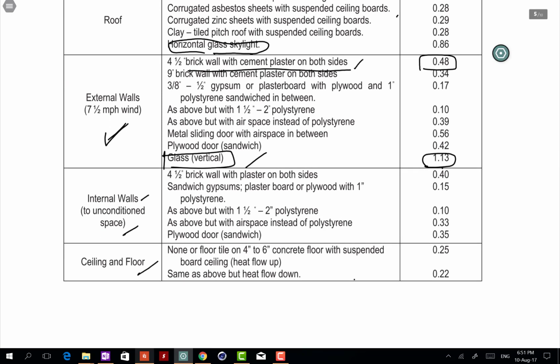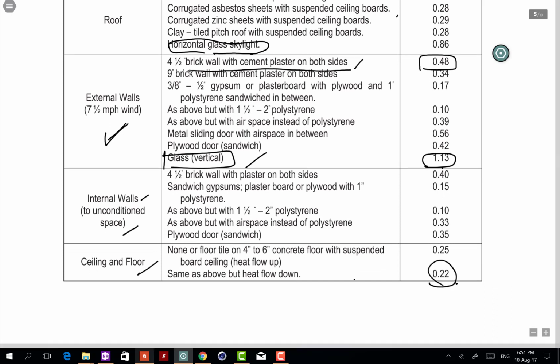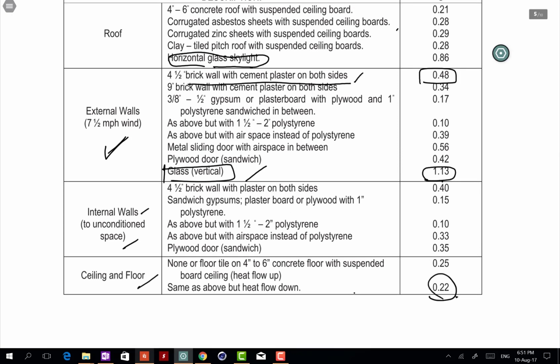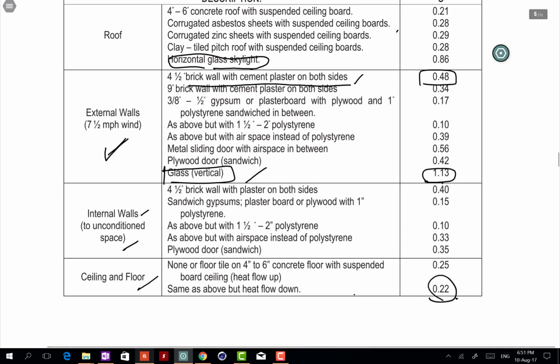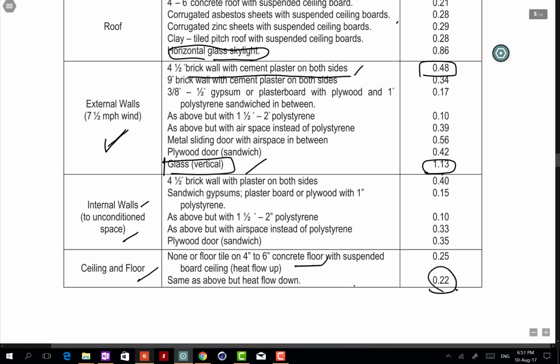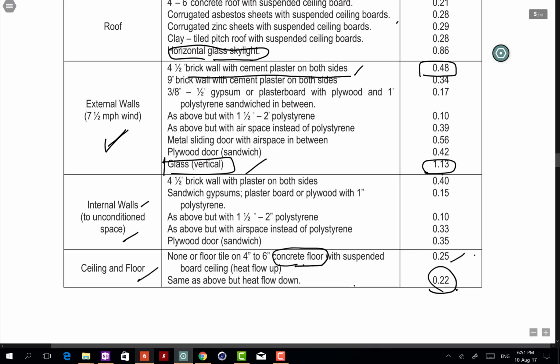Okay, for ceiling we use here 0.22, and for the floor, if our house is made by concrete floor, it means that you have more than one story, so we need to use 0.25.